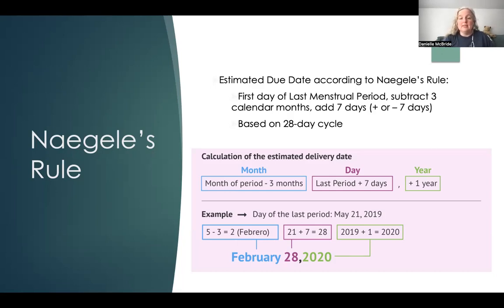It takes the first day of the last menstrual period, and then we subtract 3 months and add 7 days. And if it is going to take us into the next year, we need to add the year.